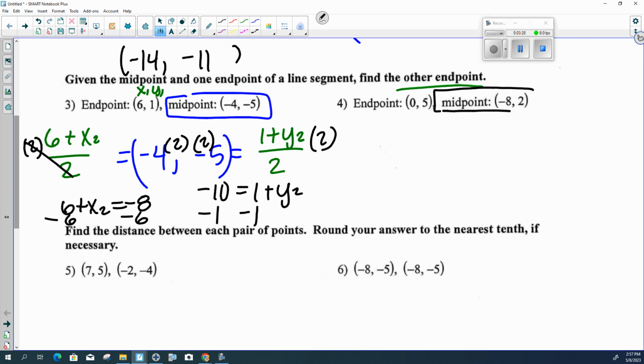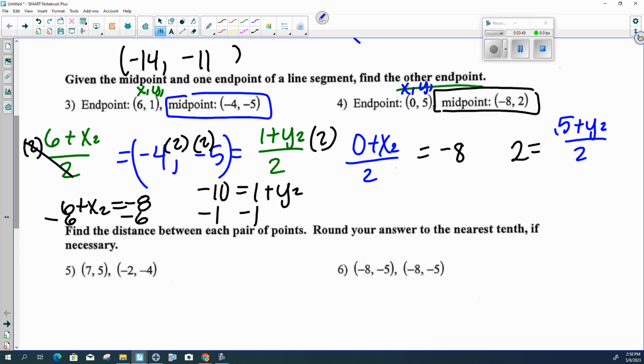Okay, once again, they've given me this midpoint. They gave it to me. What I'm missing is x2 and y2. And you solve it the same as this one over here on the left.